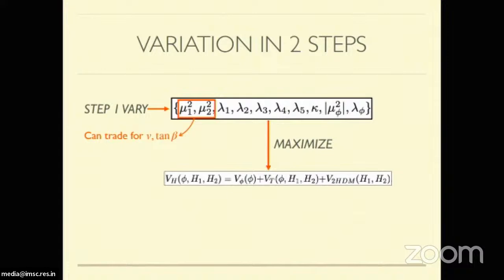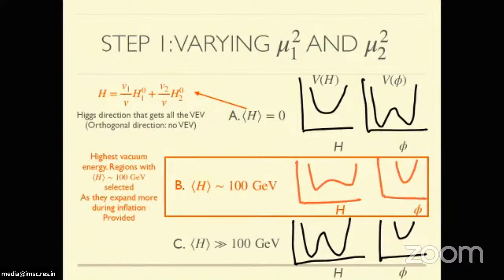You can trade mu1 and mu2 for V1 and V2, the vevs of the two Higgs doublets. And that is like varying V and tan beta, basically. So we vary V and tan beta to maximize this whole potential. And then in the next step, we will vary the quartics and try to maximize the potential with respect to that variation. So first, just the variation of mu1 squared and mu2 squared.